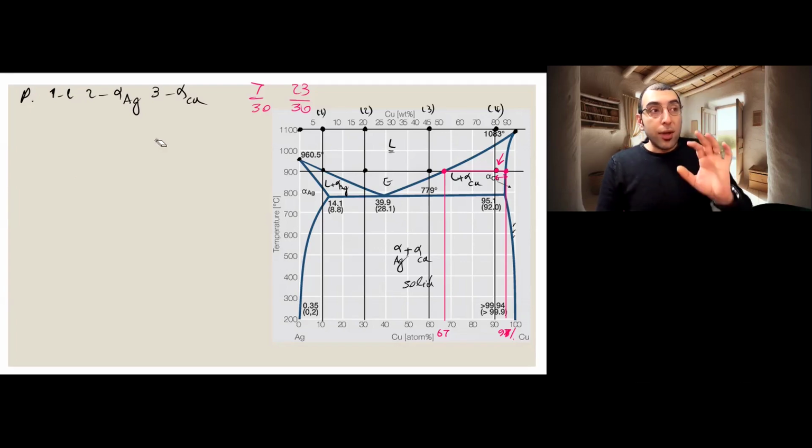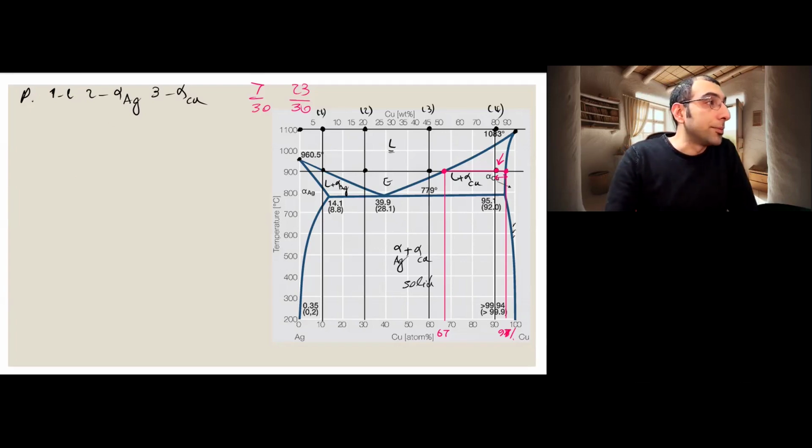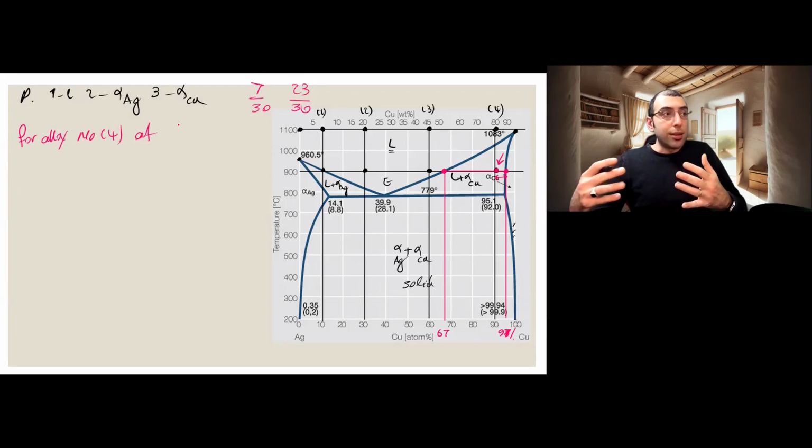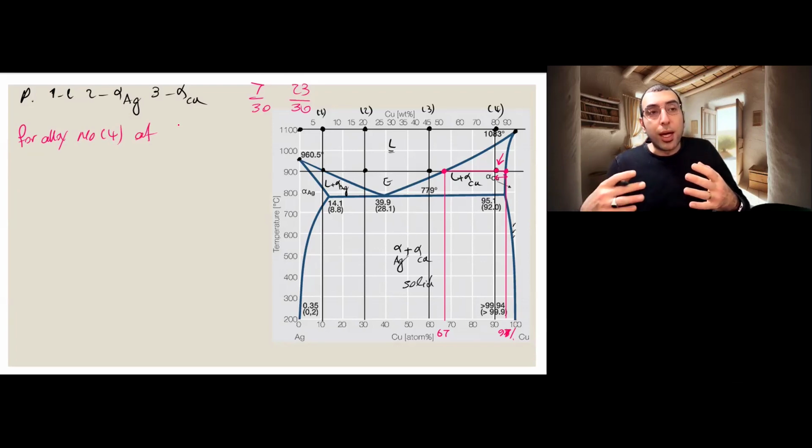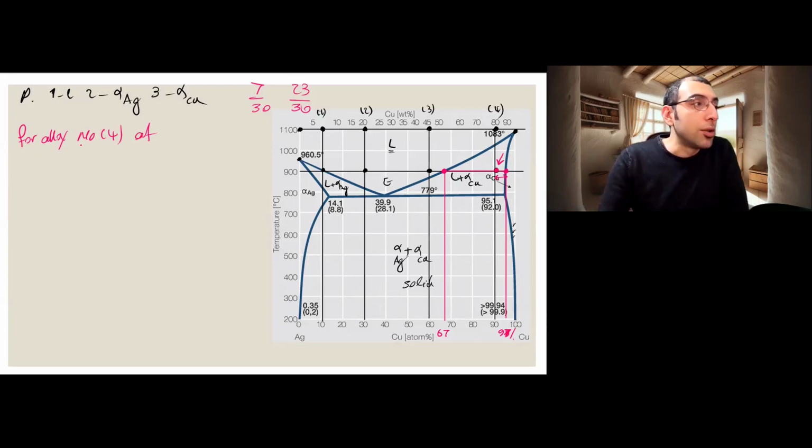Okay, now we have phase fractions. So for alloy number 4 at, this is how you can also write it. This is the way that engineers write for these kind of calculations, and that's understandable for many people. So except for the handwriting, for alloy number 4 at 900 degrees Celsius, we had two phases, right?